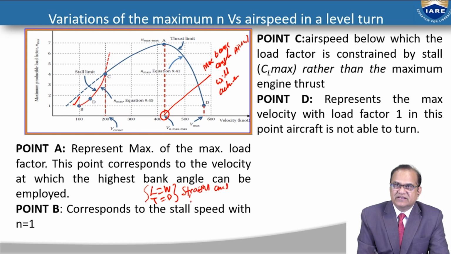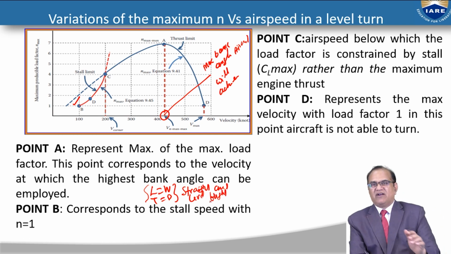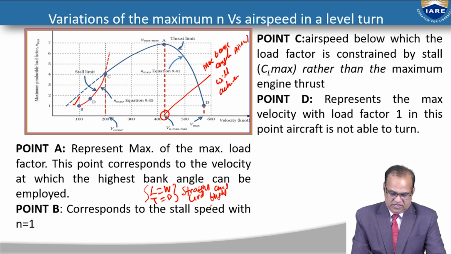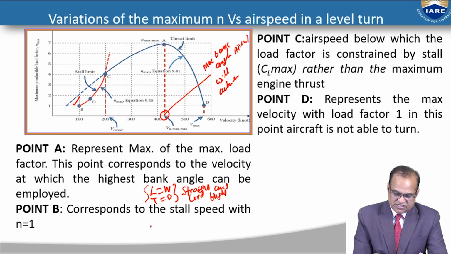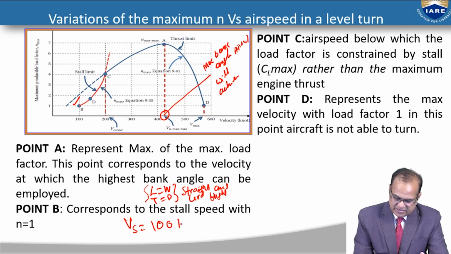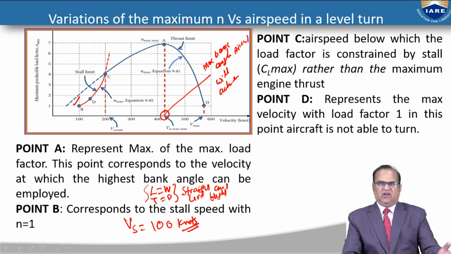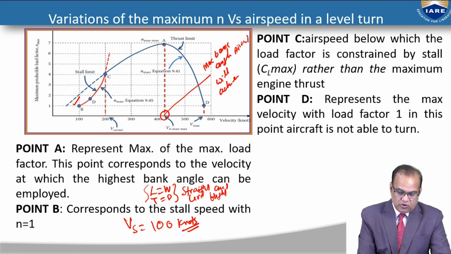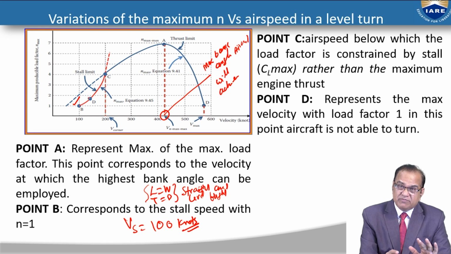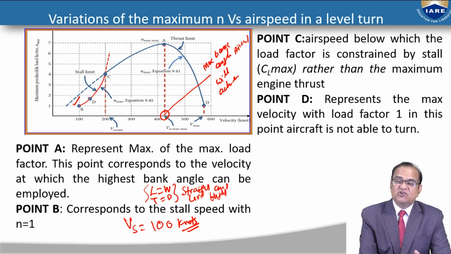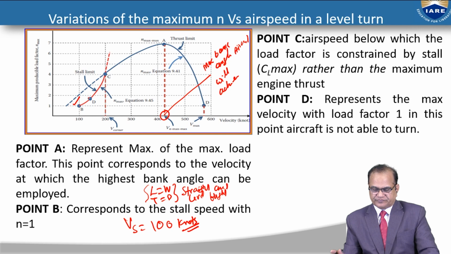If you are flying the aircraft in this condition, the stall speed is called Vs, and in this case it is 100 knots, nearly 51 meters per second. So point B shows the minimum velocity. If you fly below this, your aircraft will stall.